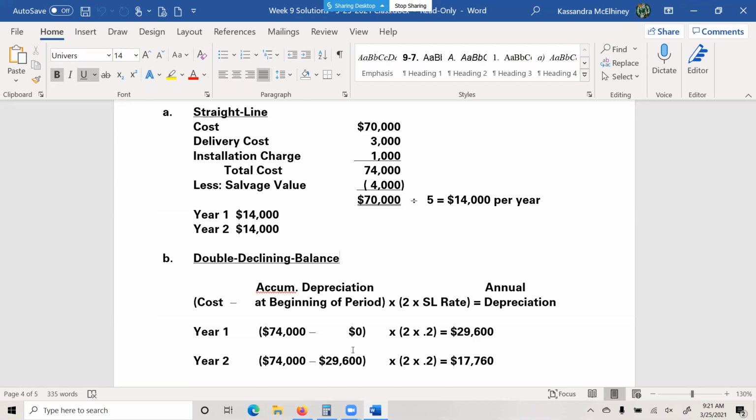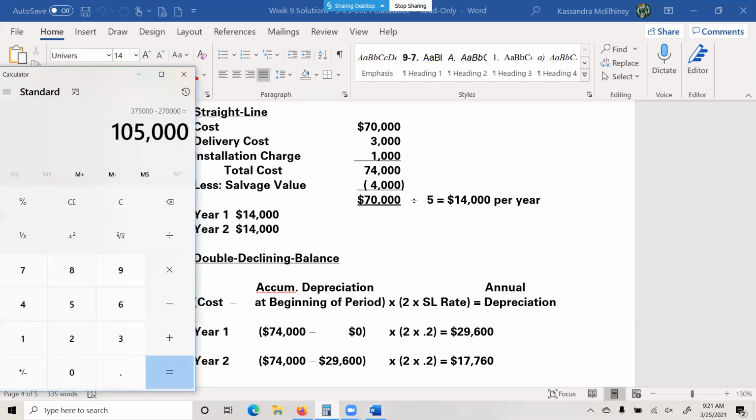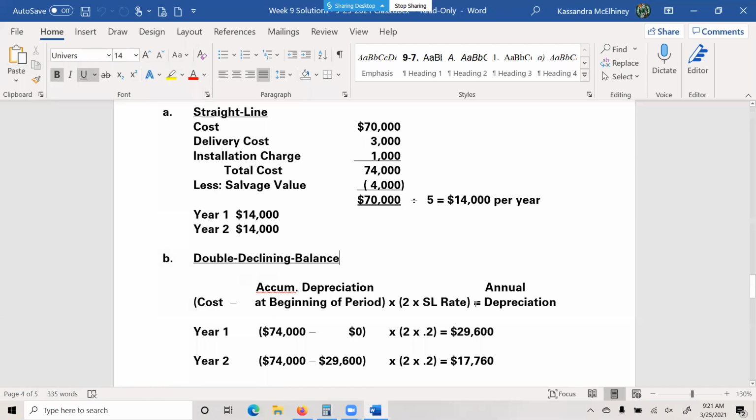It comes out exactly the same. So 2/5 would be 40% times our $74,000 of cost, which gives us our annual depreciation of $29,600.